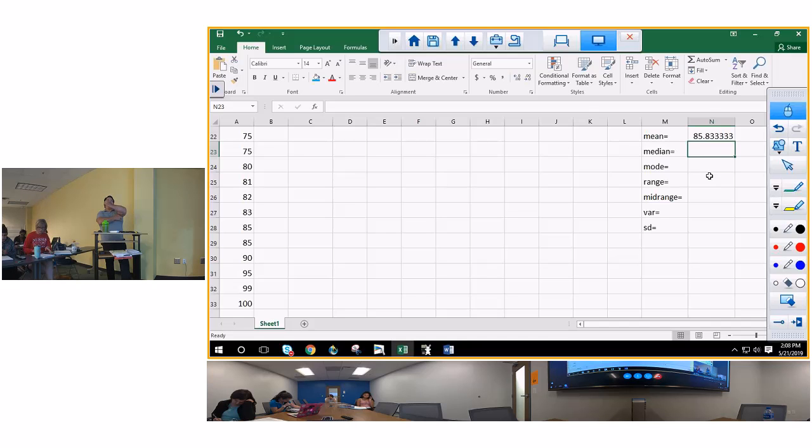Make sure you carry at least 4 or 5 digits. That's where you have to find the 2 middle ones and average them. So do you like add them together and divide by 2? That's right.